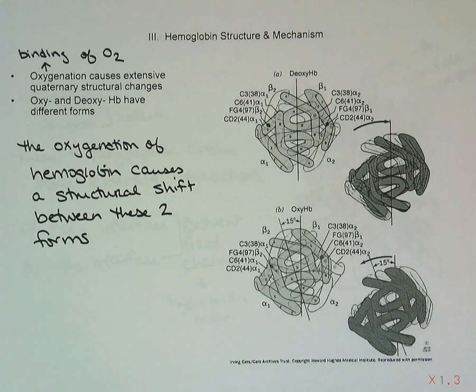So the oxygenation of hemoglobin causes a structural shift between the oxygenated and deoxygenated hemoglobin forms.